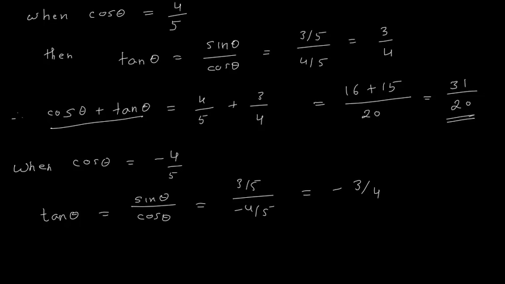So therefore we have cos theta plus tan theta equal to minus 4 upon 5 minus 3 upon 4. So this will be minus 31 upon 20. Okay, it will be the same as above. Here both the terms are positive, here both the terms are negative. So the final answer will be negative. So minus 31 upon 20 is the answer.